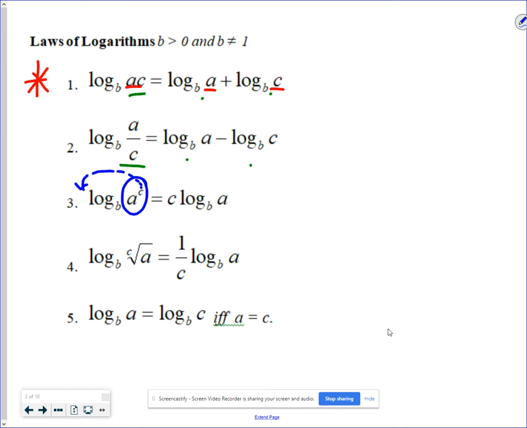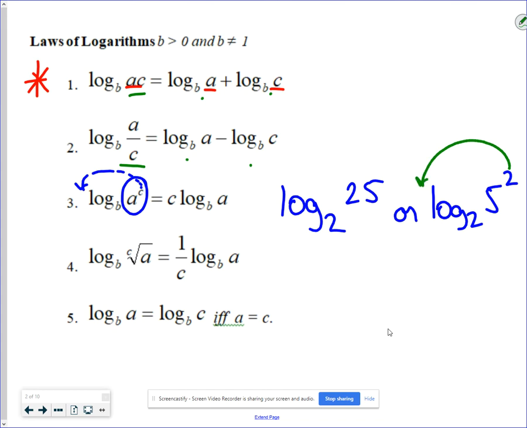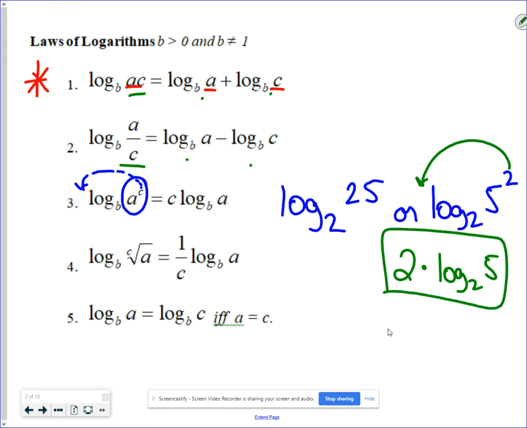So for example, if I have log base 2 of 25, well, 25 can be written as 5 squared, so log base 2 of 5 squared. And then I can use that rule. I can take the 2 and move it to the front. So I can make this 2 times log base 2 of 5. That's what rule 3 says.